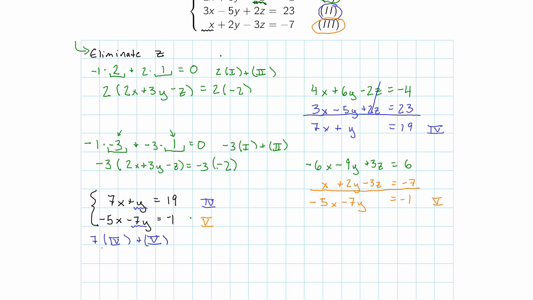So I'm going to take 7 times 7x plus y, and that'll equal 7 times 19. 49x plus 7y equals 133.